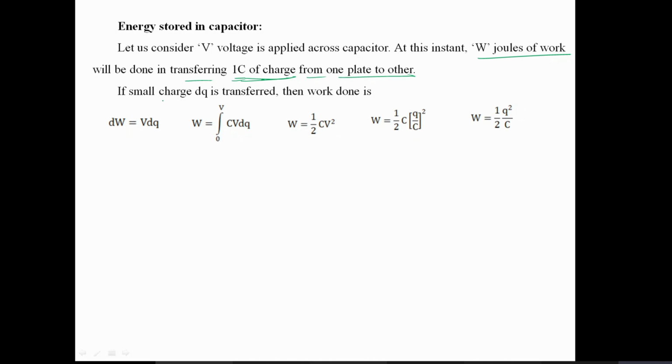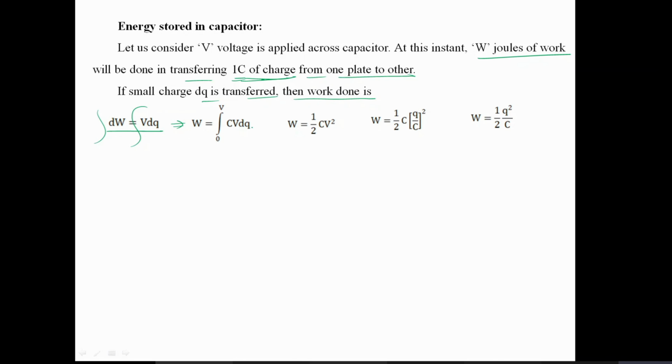So if a small charge dq is transferred, then the work done is dW is equal to V into dq. And from this, if you integrate on both sides, you will get W is equal to integral 0 to V of CV dq.